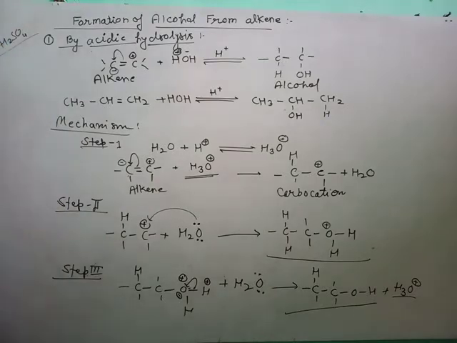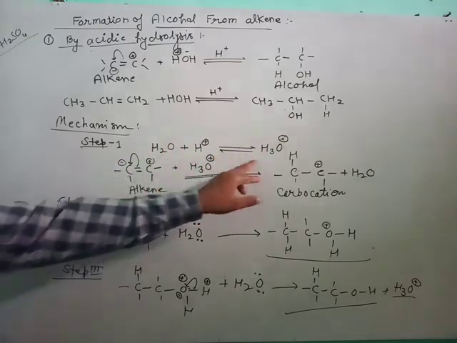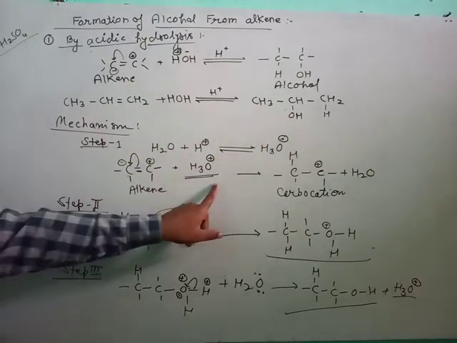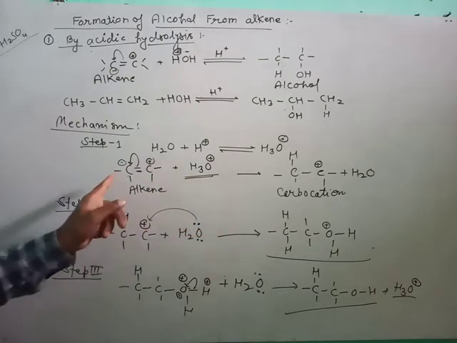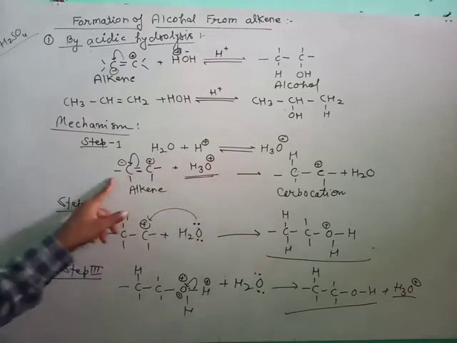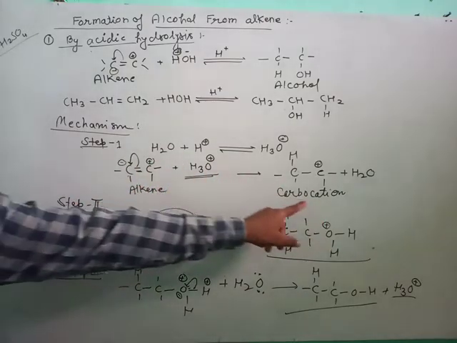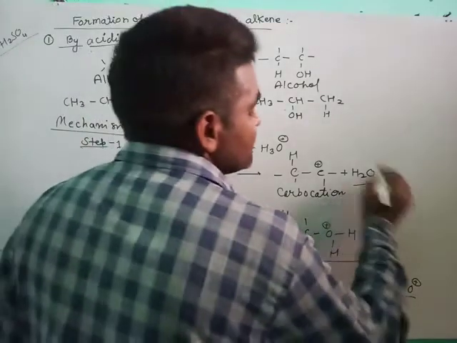Again we explain simply: here H2O and H plus form H3O plus ion, and the H3O plus ion attacks the alkene and donates one hydrogen to carbon and forms the carbocation, and an H2O molecule is removed.